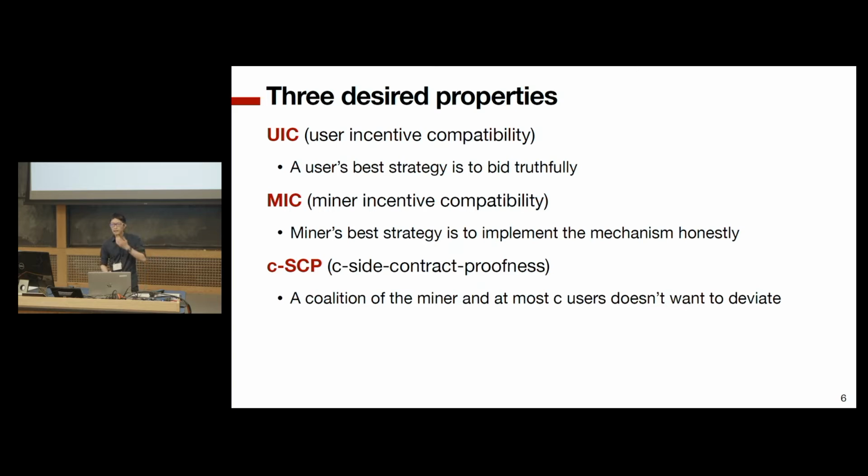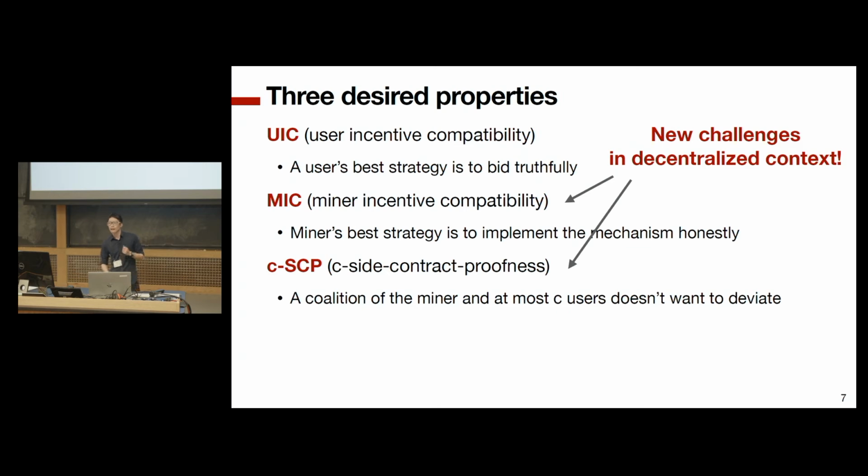The third one is called side-contract proofness, which is parameterized by a number C. That means even if a miner colludes with C users, their joint utility should not increase if they deviate from the protocol.